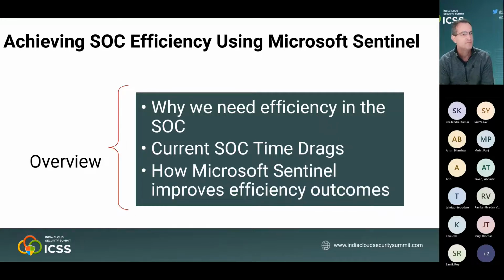And then let's dig into how Microsoft Sentinel can actually help organizations become efficient, right? Let's talk about some of the specific areas where Microsoft Sentinel is engineered to build efficiency, to allow security teams to unburden themselves of some of those non-security tasks, right?